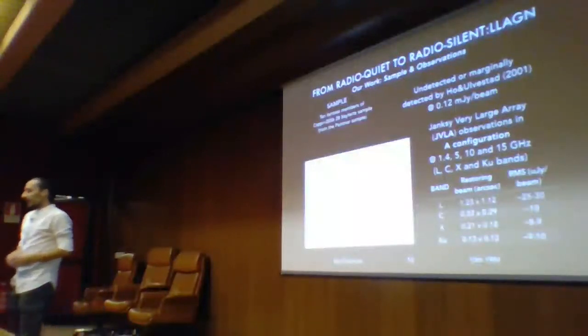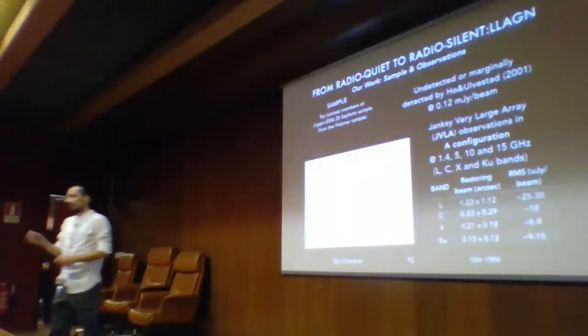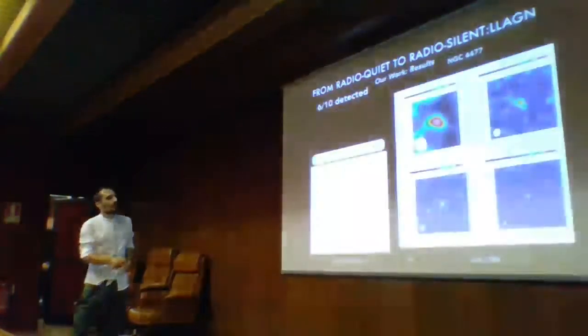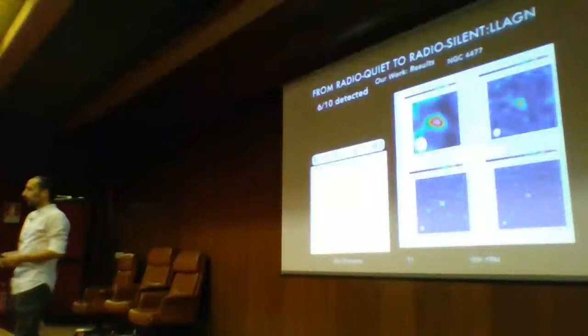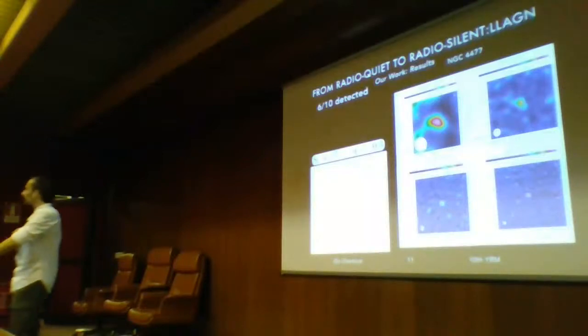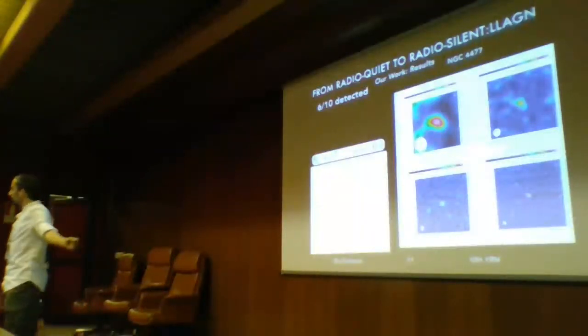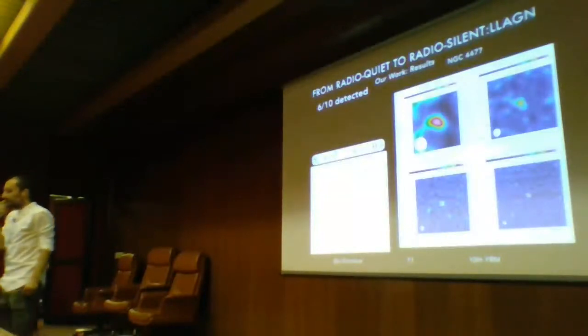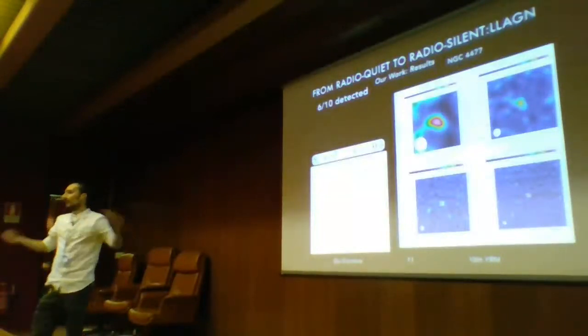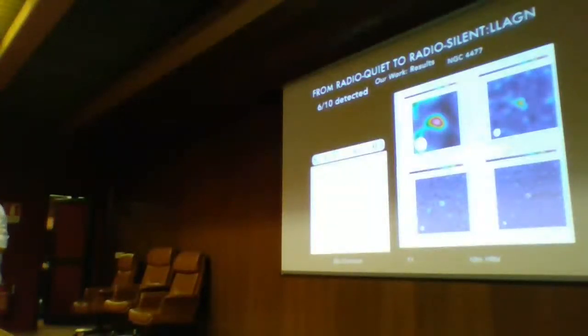If you want to resolve the very inner cores of these objects, you can use very long baseline interferometry. In very long baseline interferometry, you can use antennas in different parts of the Earth. The antennas are disconnected, and you can reach resolutions of milliarcseconds.